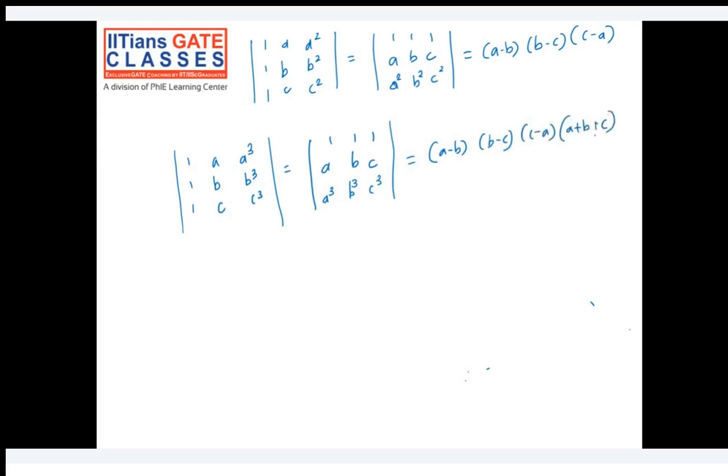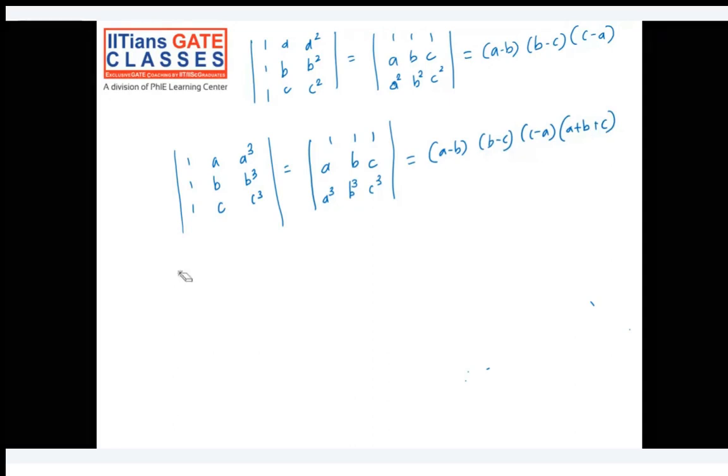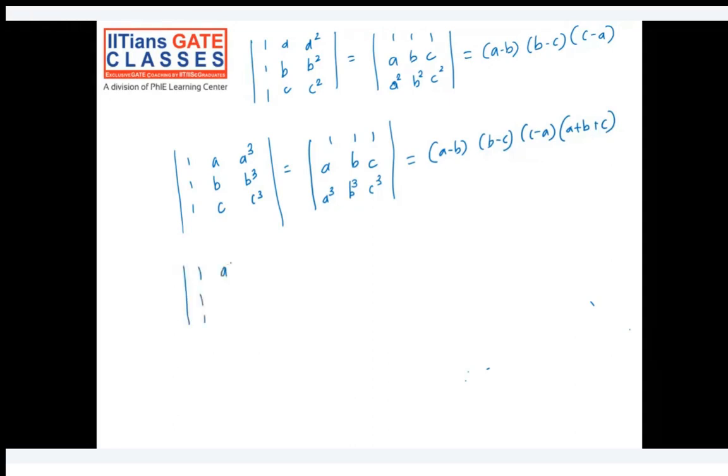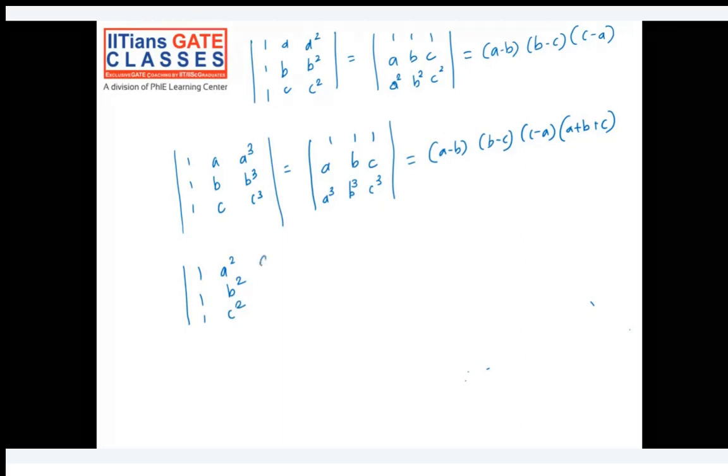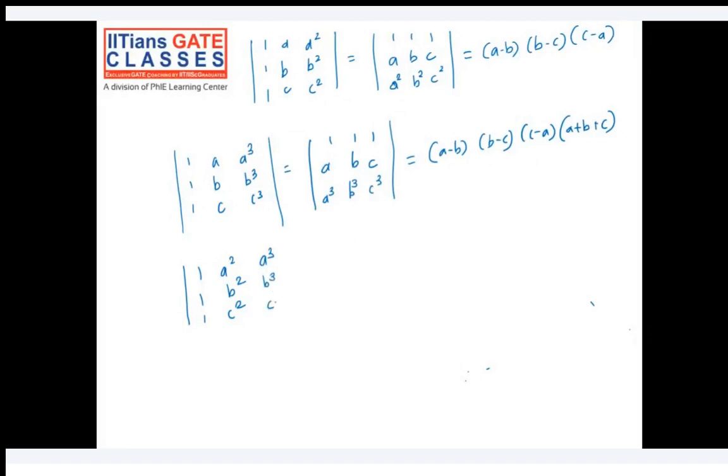And the last standard result, write it down, with rows 1 1 1, and so on, equals A minus B, B minus C, C minus A times AB plus BC plus CA. So just go through it, because in case they ask in the exam, you know the solution. Okay, it will save your time.